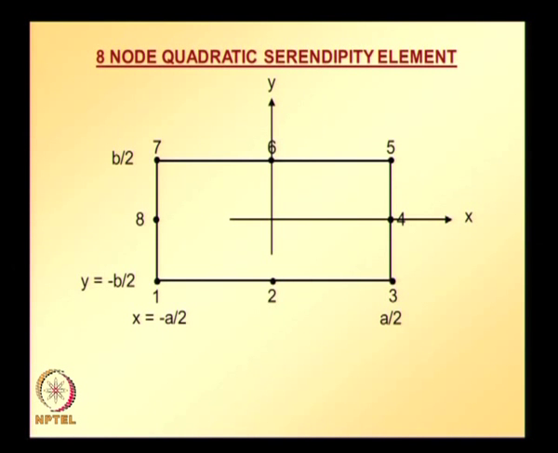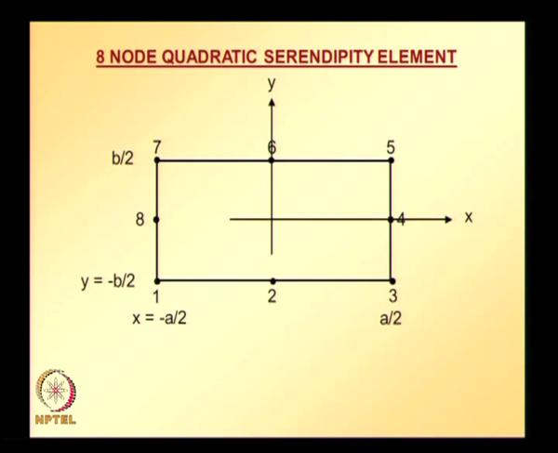If we include the equation of line of edge 3 4 5 and the equation of line of edge 7 6 5 into the shape function expression of node 1, then node 1 is going to be 0 along edge 3 4 5 and along edge 7 6 5.